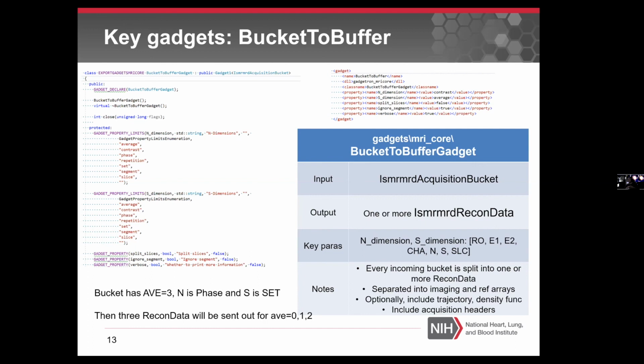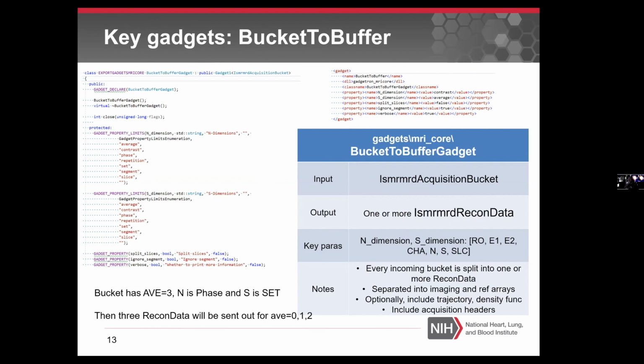For example, if we have 10 sets for T1 mapping, then it's very likely the sequence only acquires 1 set of reference. So in the reference, the set dimension is actually 1, even though in the imaging it's 10. It means all these sets of Kspace will share 1 set of reference. So Recon has to be able to handle this.